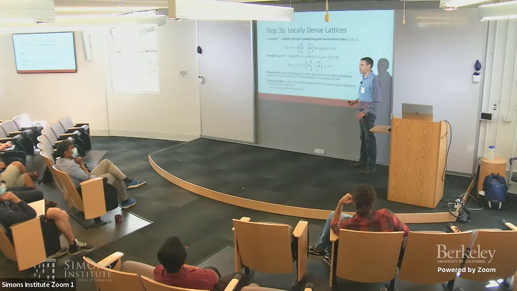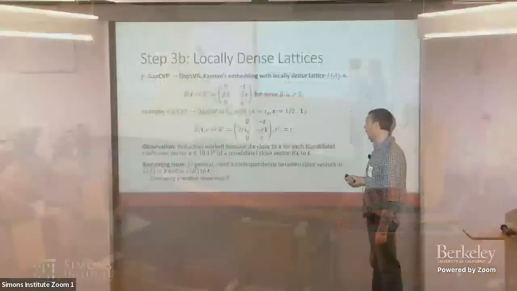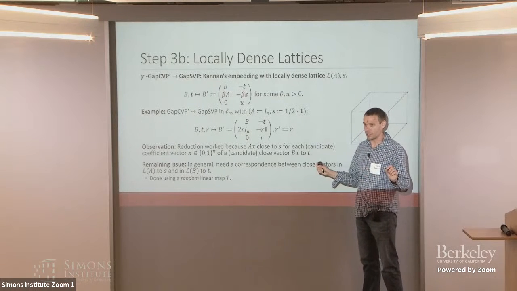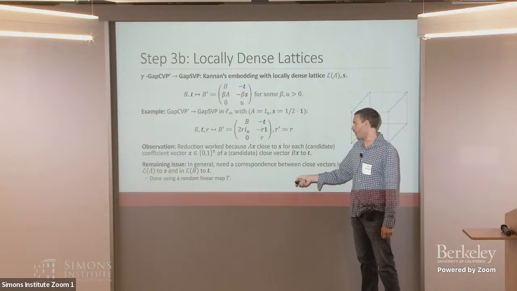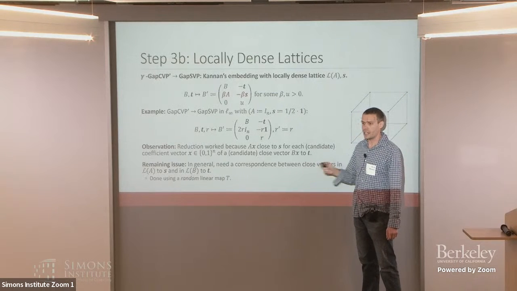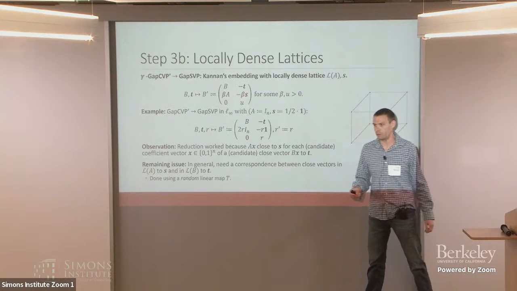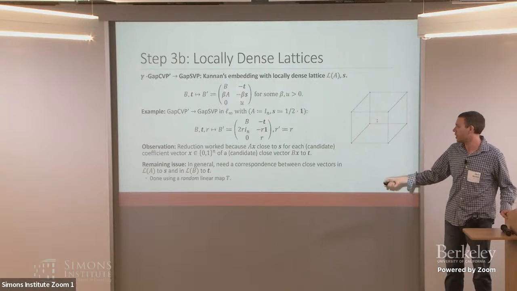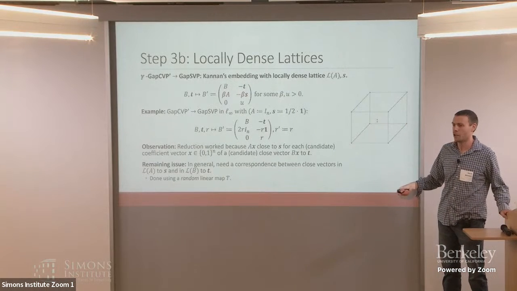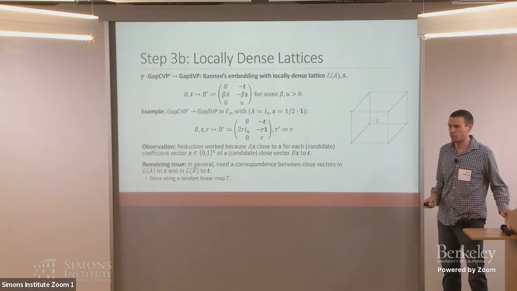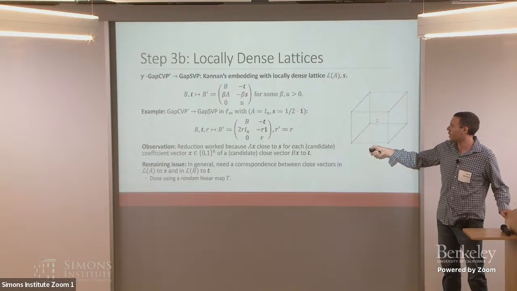The easiest way to state it, which is not exactly what we do, is that you map from coefficient vectors, which you take to be binary, of close vectors in the lattice onto all possible coefficient vectors of close vectors in this lattice, so that you want the entire hypercube {0,1}^n to be contained in the image of T. And then you stick T in, like here.